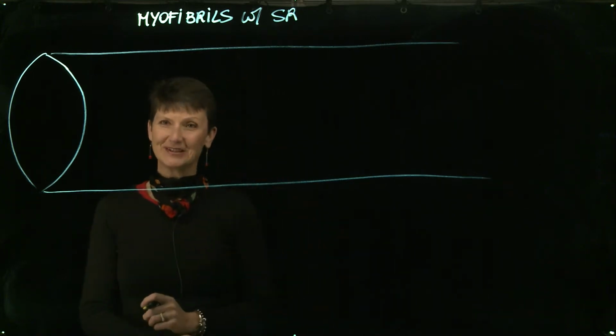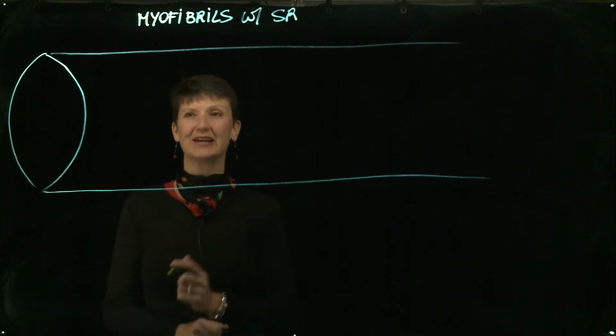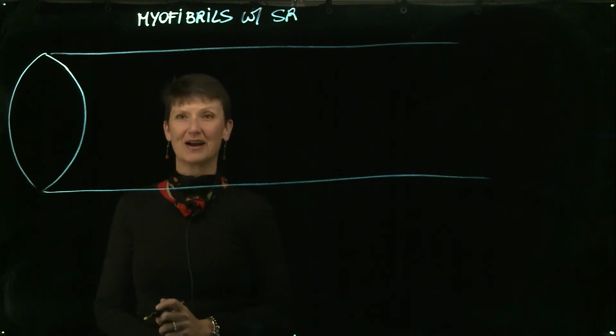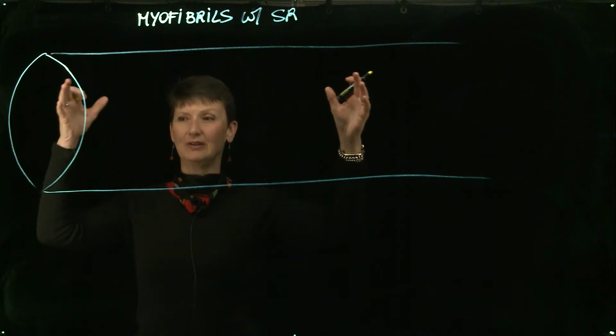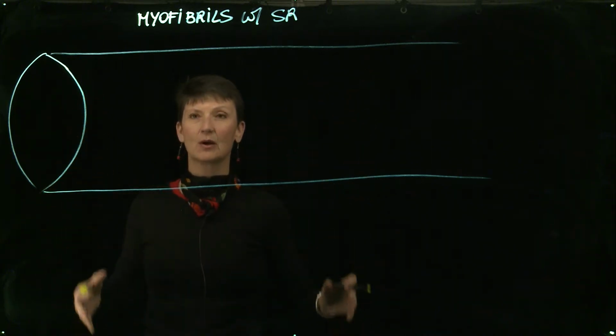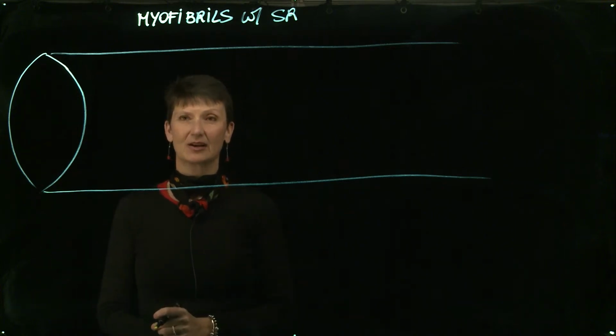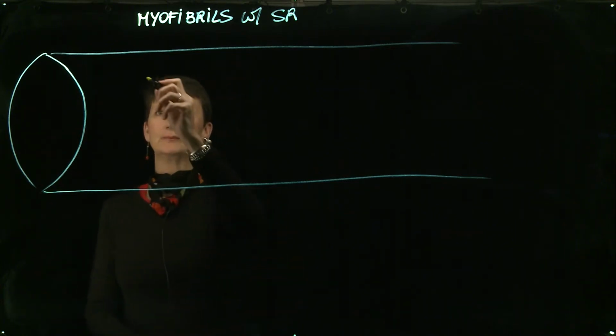So I'm going to make an attempt to draw a couple of sarcomeres here inside of my myofibril. And remember, you have lots of myofibrils, one after the other, one next to the other inside of a myofiber.